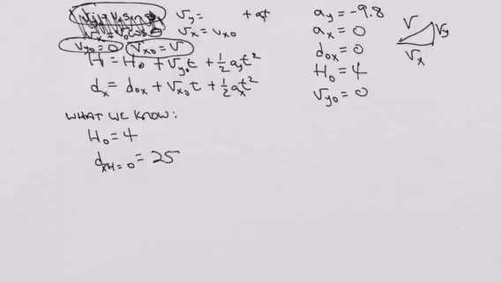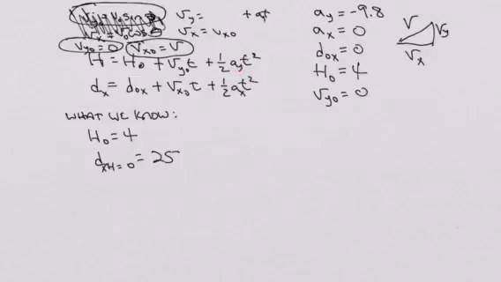Now we have the height of the ball. The initial height here is 4. The initial velocity in the y direction is 0. And the acceleration in the y direction is g, which is negative 9.8.